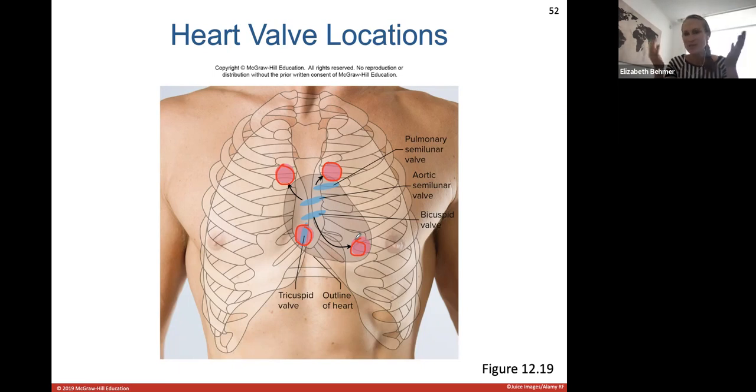So the next time you go to the doctor's office for a checkup, see if they listen to your heart in these 4 spots I've outlined in pink, because this is where they're listening for these 4 valves to close all the way.